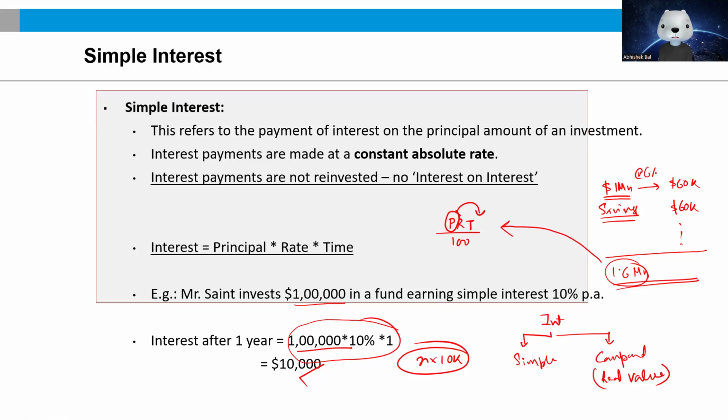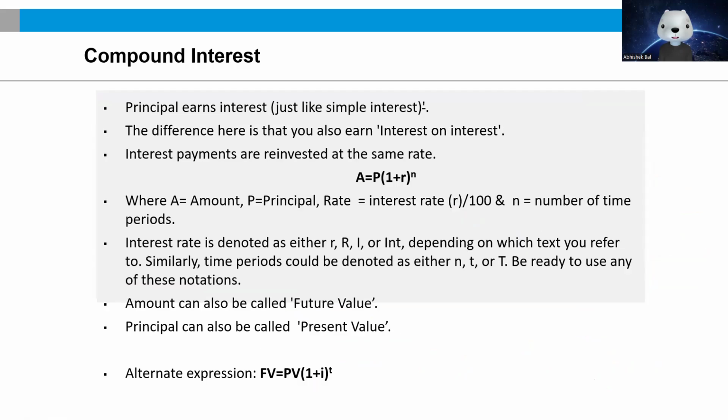Precisely the reason that when you park your money in a savings account, you insist from your bank, not lender, but from your bank, to put it into a compounding interest bearing account, because along with the interest, it also takes care of the principal, and thus it prevents the erosion of the value of the money itself. All right. So how does the equation look? Again, there are expressions that are being provided.